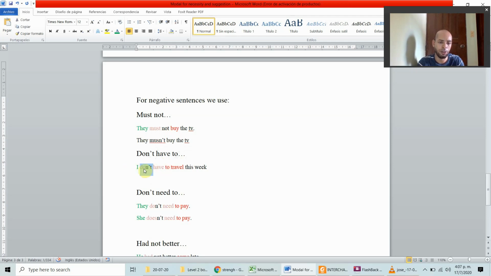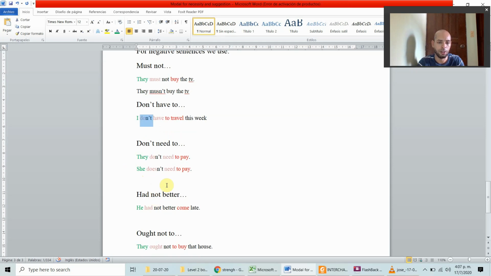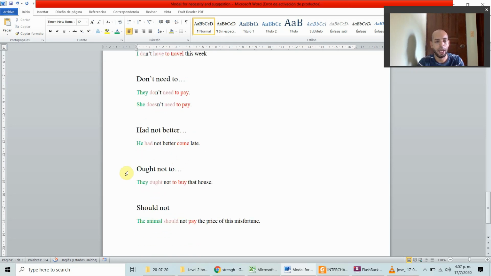We use the contraction here. We don't. Have stays the same, and here need stays the same as well. And ought, it stays the same, there is no contraction with this one. Well, as far as I know. And with this, we can say shouldn't. The animal shouldn't pay the price of this misfortune.